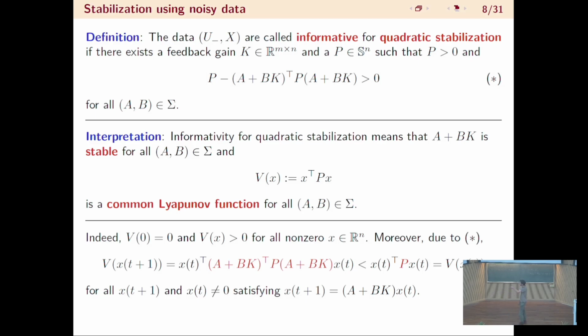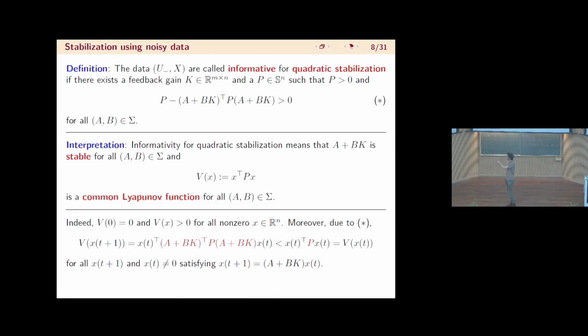Meaning that if I evaluate V at x(t+1), this must be smaller than V of x(t). Let's see if that's indeed the case. If I plug in V of x(t+1), well, that's x(t+1) transpose P x(t+1). But I know that x(t+1) is (A plus BK) x(t). So x(t+1) are trajectories of the closed loop system. So I plug it in here.